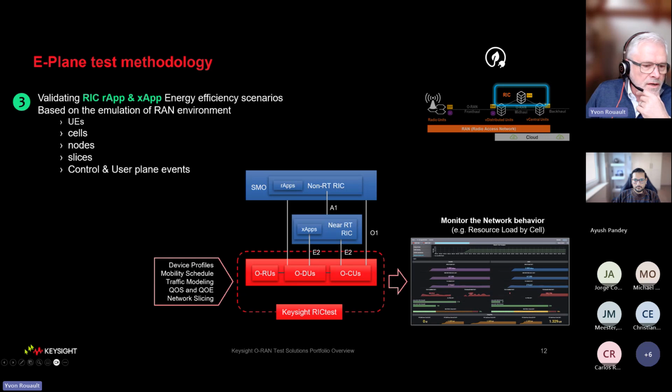And at the non-real-time, the rApps, sorry, they're called rApps, running in the SMO as well. They can play with the O1 interface towards the DU, the CU, and also through the M plane, they can play with the RU. Of course, they can also exchange information with the xApps through the A1 interface.